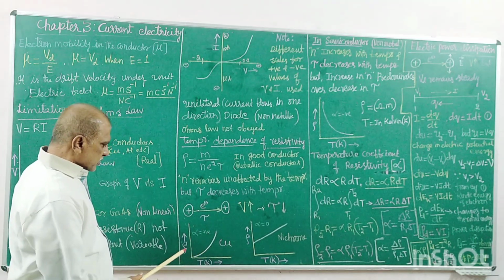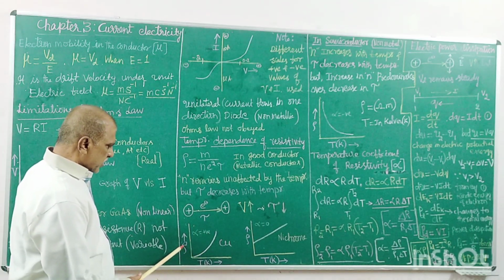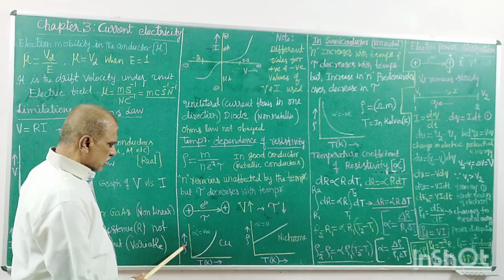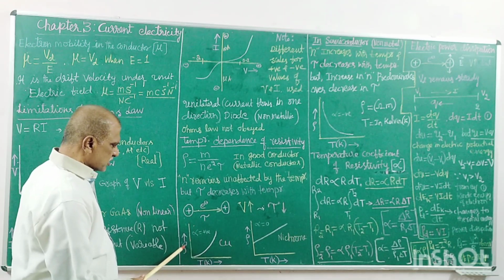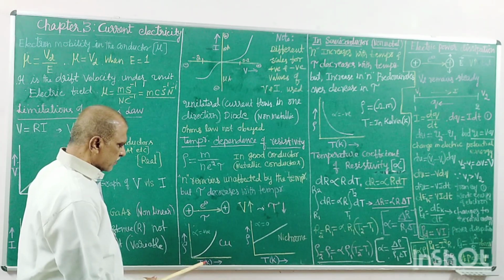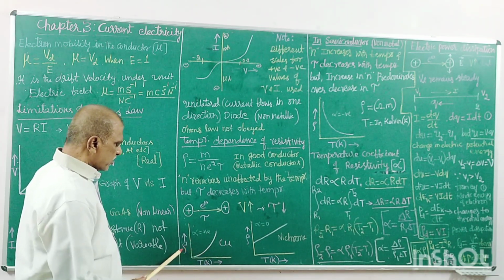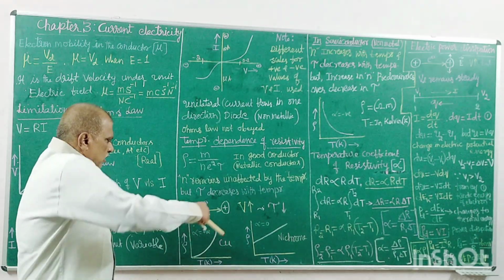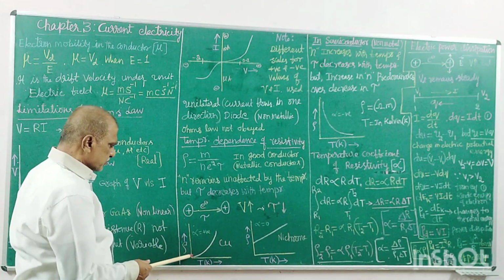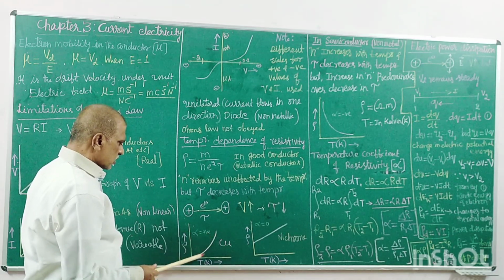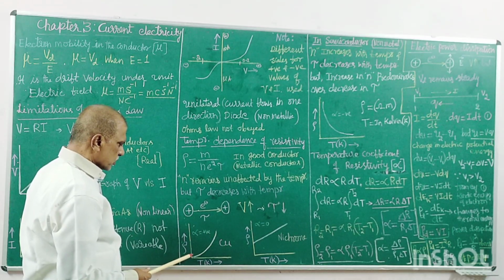Experimentally, when we verify this, resistivity is determined at different temperatures. You can take those values and draw the graph between resistivity and T, with temperature taken in the Kelvin scale. You get a graph like this. It is of course not a straight line, it's a curve, but it is an increase.